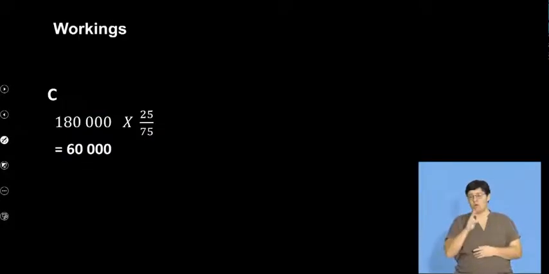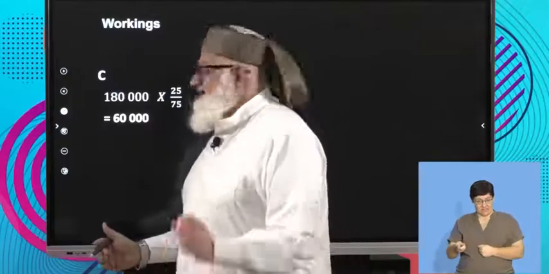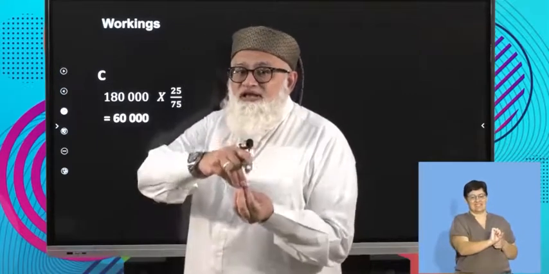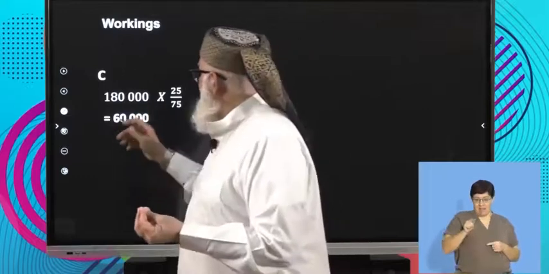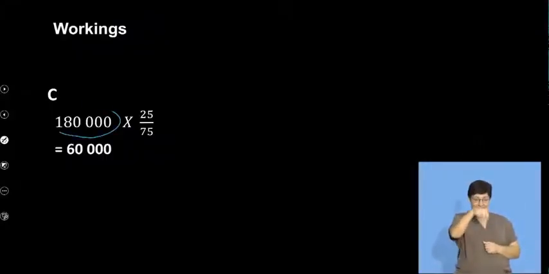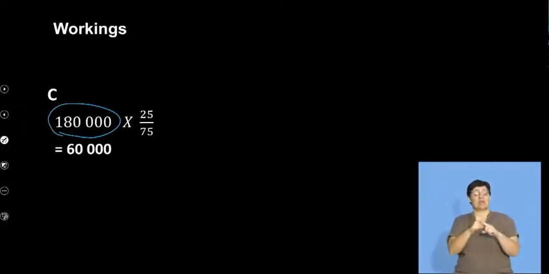You're looking at the component where you want the cash sales component. So obviously, if 75% of your sales are on credit, that means that you now have to use that figure to calculate your missing figure. Watch. You take your 180,000 Rand times 25 over 75.